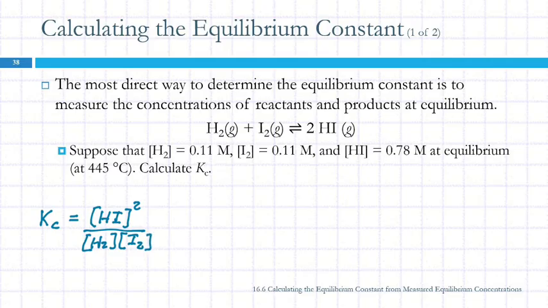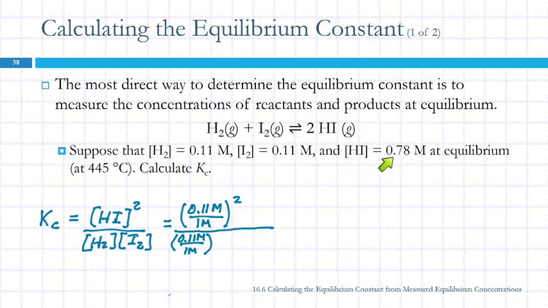No solids or liquids in here. So what we're really doing here is we're putting in 0.11 molar over 1 molar as the concentration of HI, and H2 is 0.11 molar over 1 molar. But I did that wrong, didn't I?